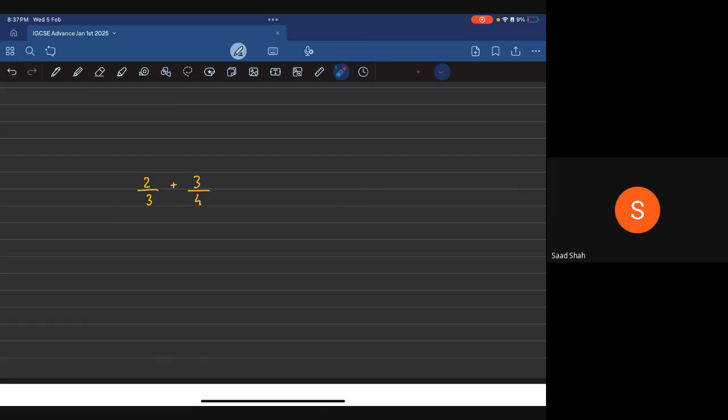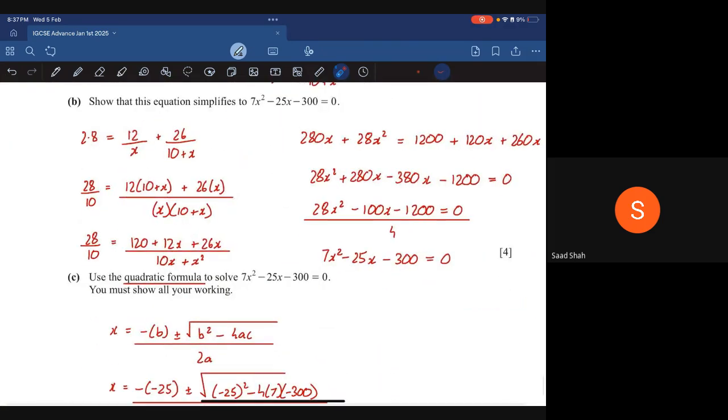Now the problem is, you've got x over here and you've got 10 plus x over here. You want this fraction to have this denominator and you want this fraction to have this denominator. But the problem is we're dealing with x. X is a variable. So you may say that I cannot find any common multiple because these two are variables.